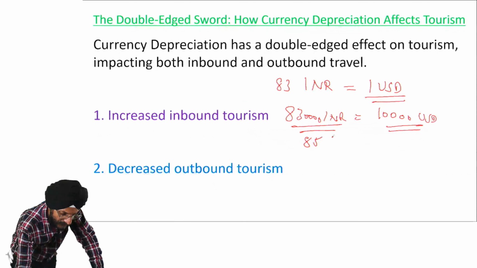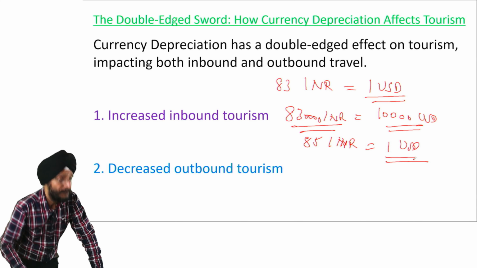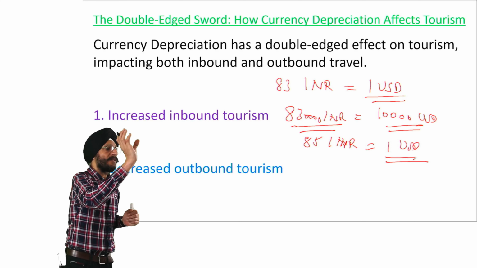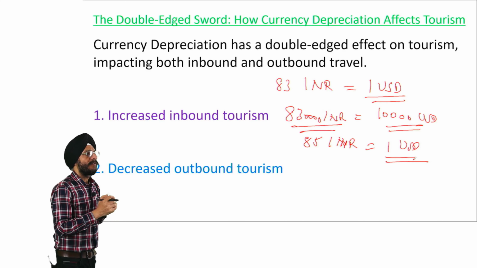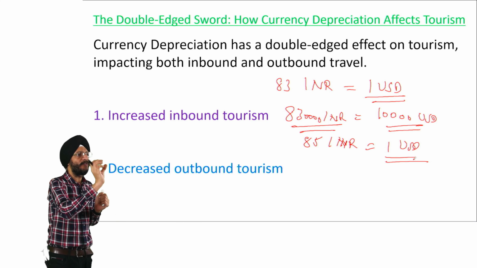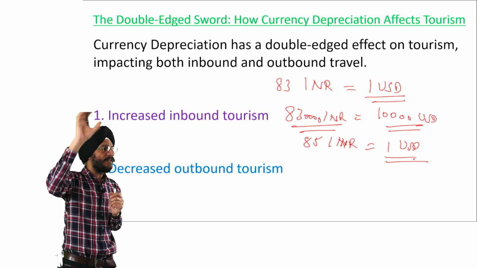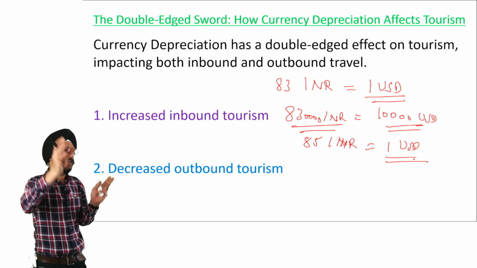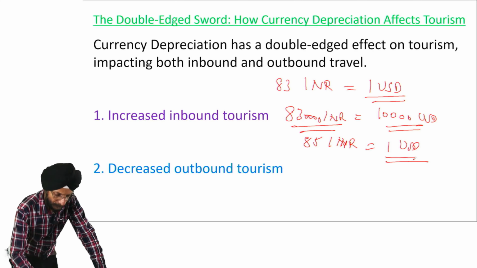Suppose 85 Indian rupees become equal to 1 US dollar. That is, the people of the US will now get 85 rupees in exchange for 1 US dollar. In return for their local currency, 1 US dollar, if they come to India, they will get 85 rupees.